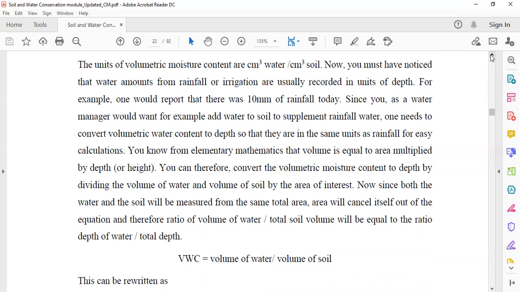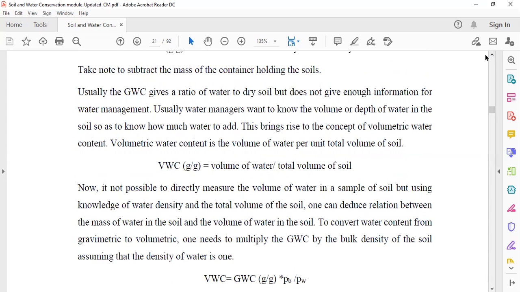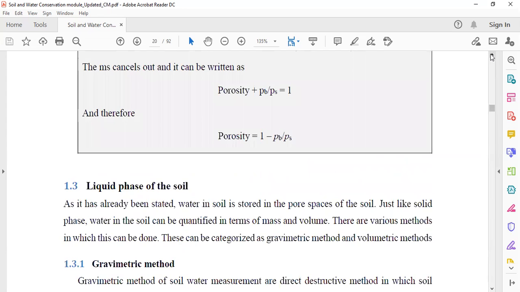You can use the procedure we have given here: the volume of water, the mass of water, and the mass of water over the mass of soil gives you gravimetric moisture content. Then you multiply it with the bulk density to give you volumetric moisture content. When you go through this, it will be easy to go through the assignment.